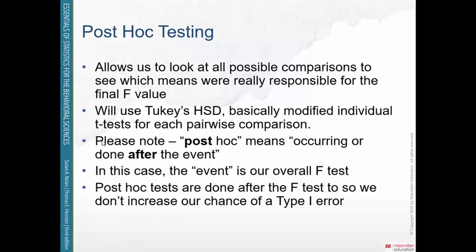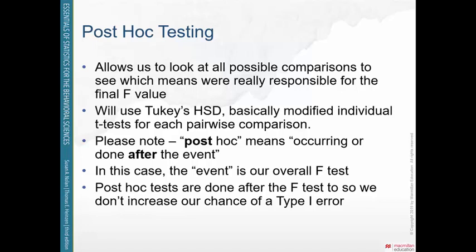What you do need to remember is that these are called post-hoc tests. Post-hoc means after the fact, or after the event. And the event in this case is your overall ANOVA. You always have to start with your overall ANOVA in order to control our type 1 error. Remember, we don't want this inflated type 1 error rate or too many chances of getting a false alarm, which is a type 1 error.